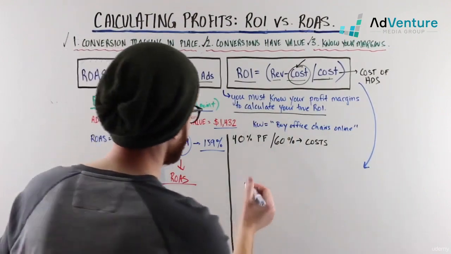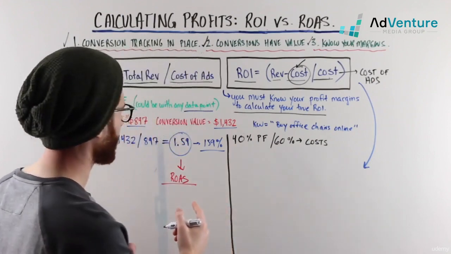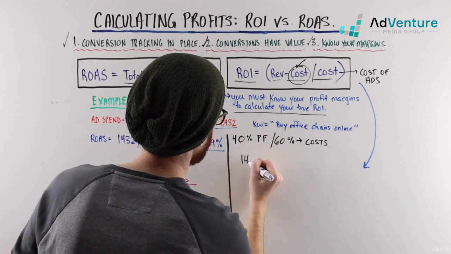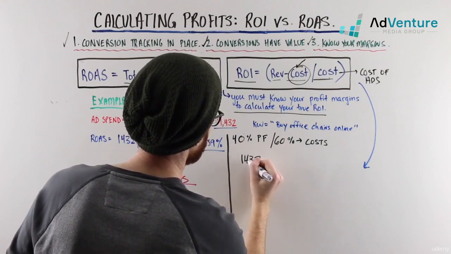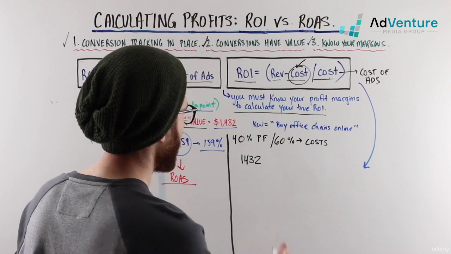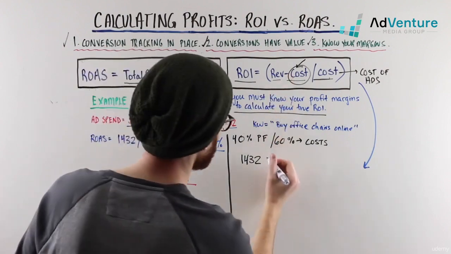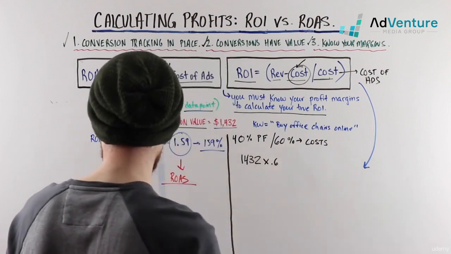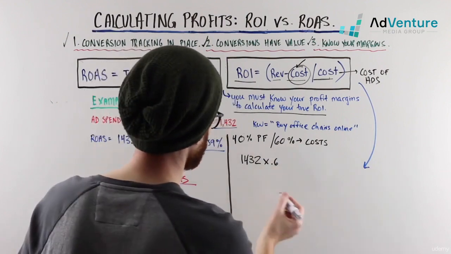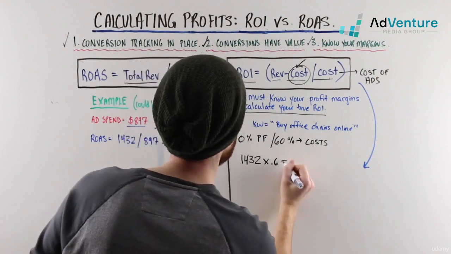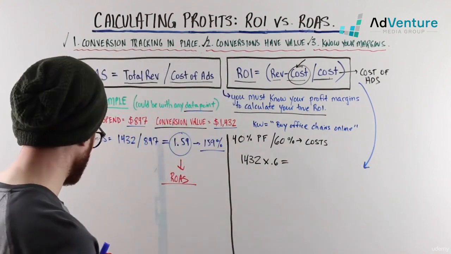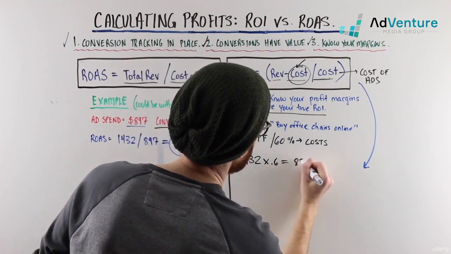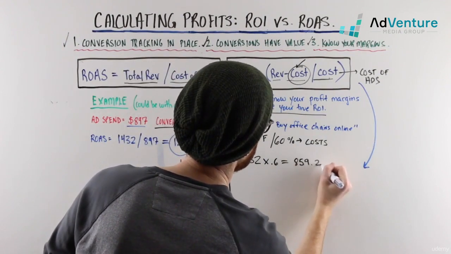So I do the same thing: I take my total conversion value, which is 1,432, and to get my cost of doing business, I have to multiply that by 0.6. That is how I get the cost of doing business for these profit margins. If you do the math in your calculator, 1432 multiplied by 0.6 comes out to 859.20.